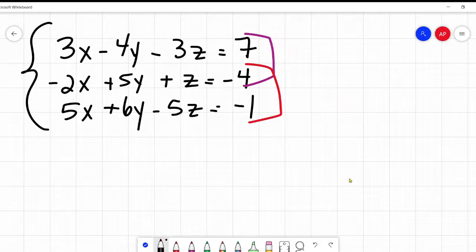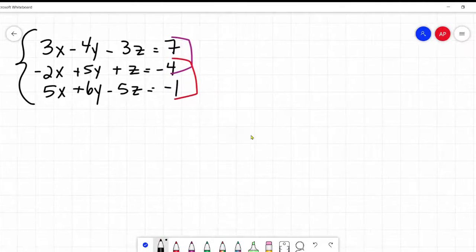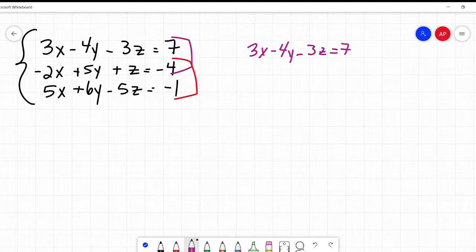So my first one, I have 3x minus 4y minus 3z equals 7. And then negative 2x plus 5y plus z equals negative 4.